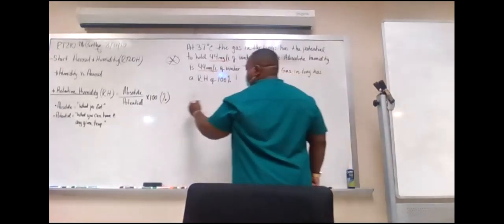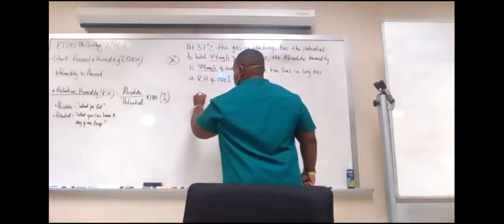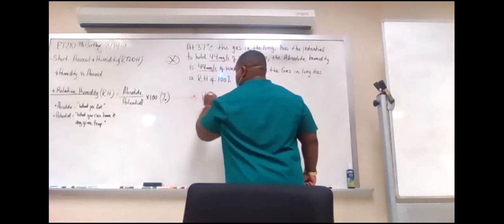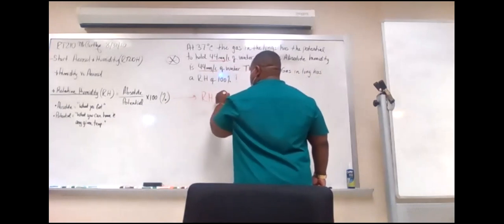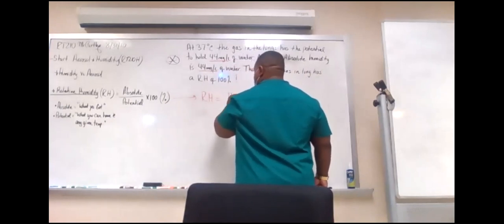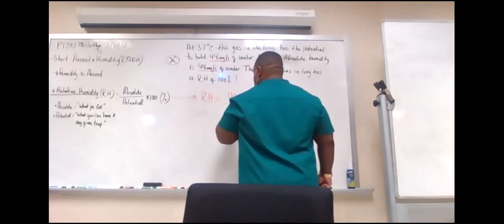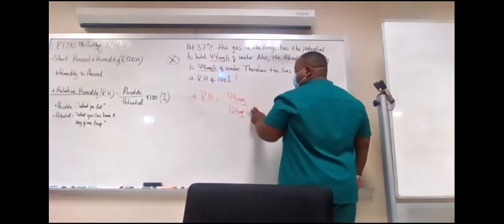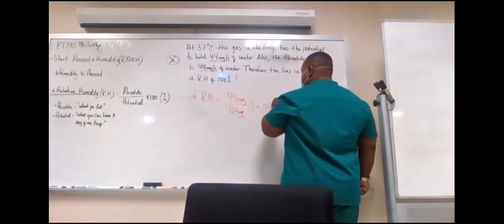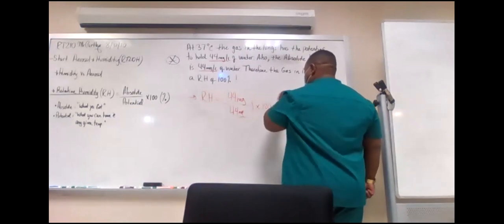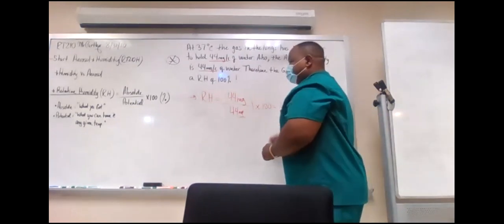So the formula is relative humidity equals absolute, which is 44 milligrams, over potential, 44 milligrams. Divided by each other, that gives you 1, times 100, which equals 100% in the lungs.